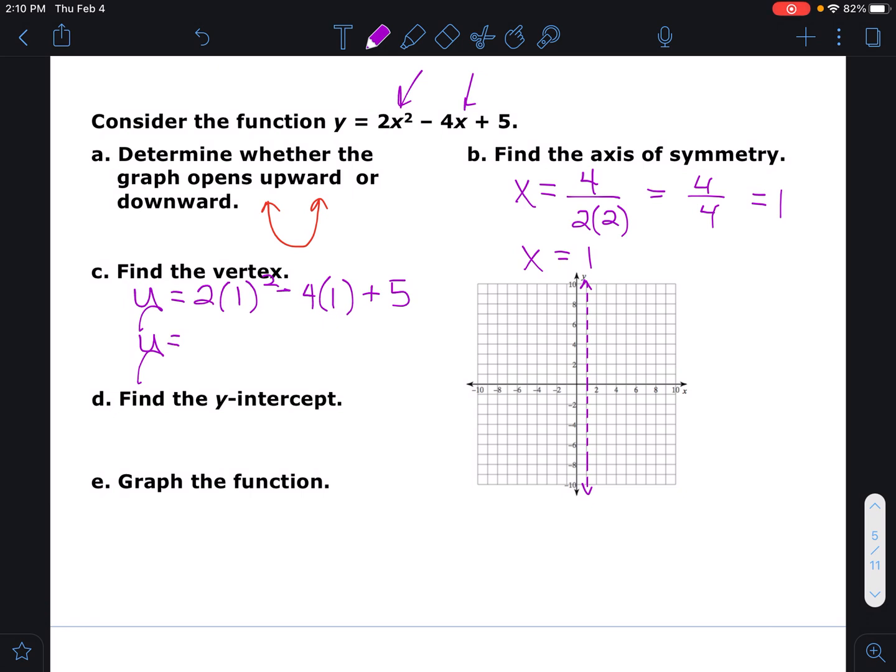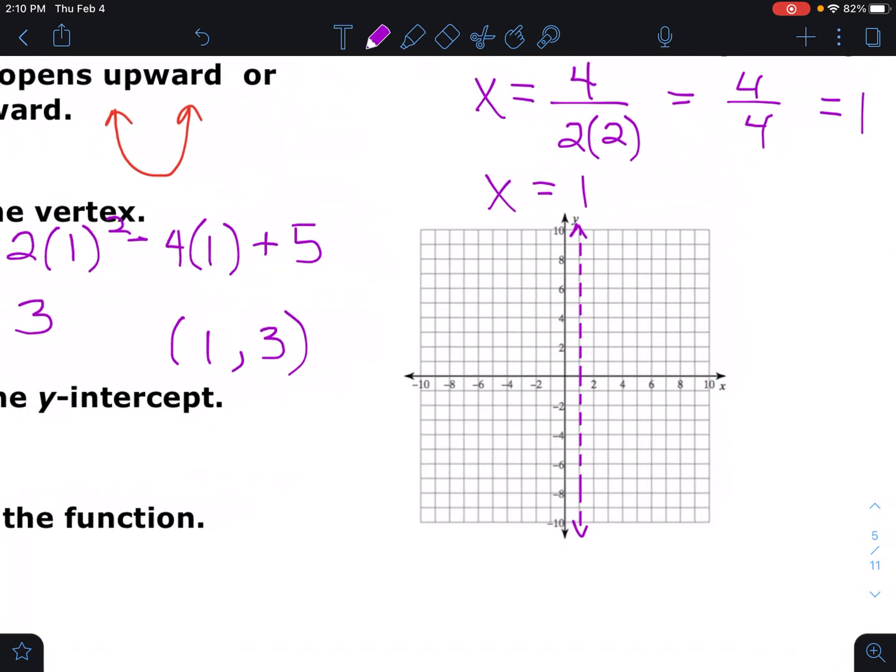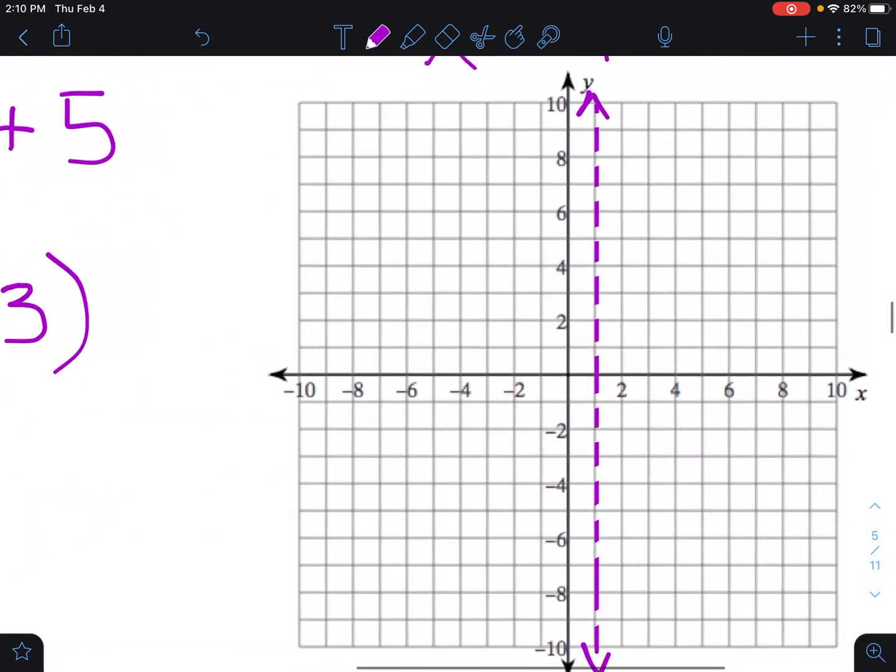If I do that, I get 3. So my vertex then is (1, 3). On here, we're going to plot that point, (1, 3).